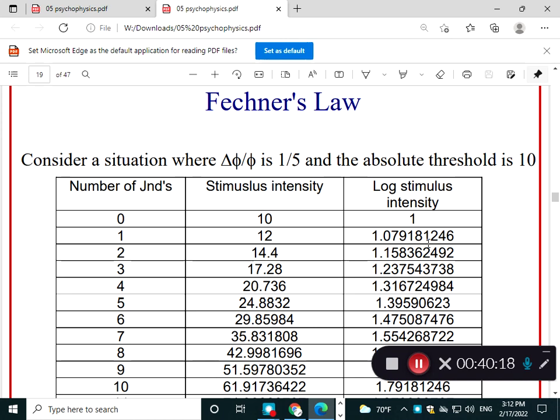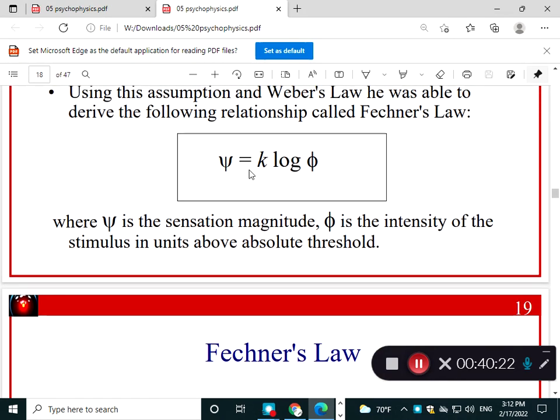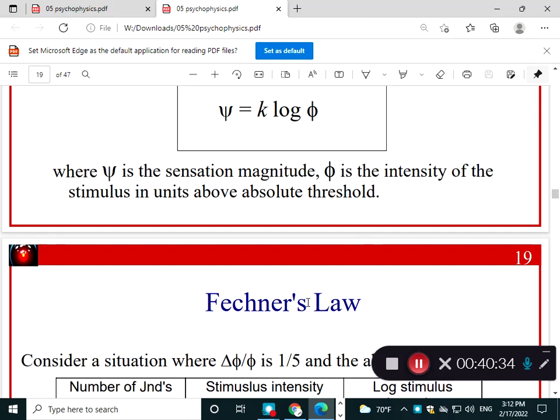Here's log phi. Then use this divided by this. You will find a k-term, and then take the average of your k-term. The average of your k-term is your Fechner's constant. So for your homework, once you find your Weber constant, find your Fechner's constant k.